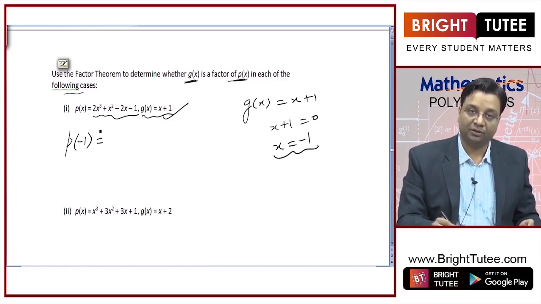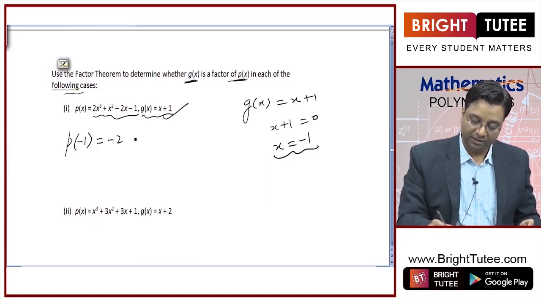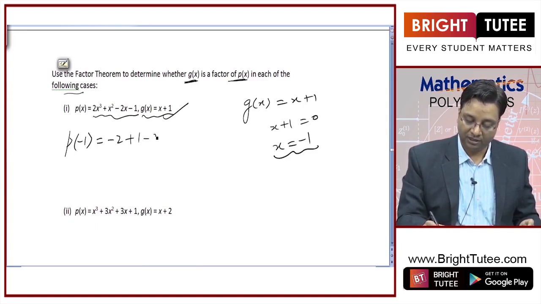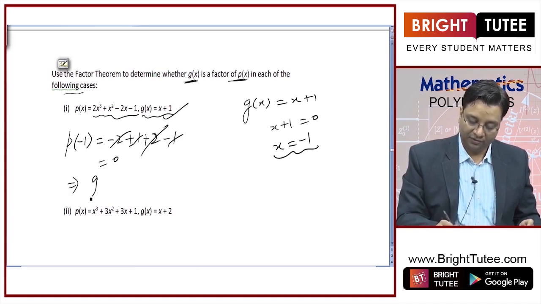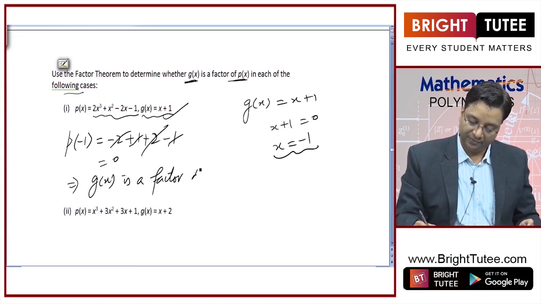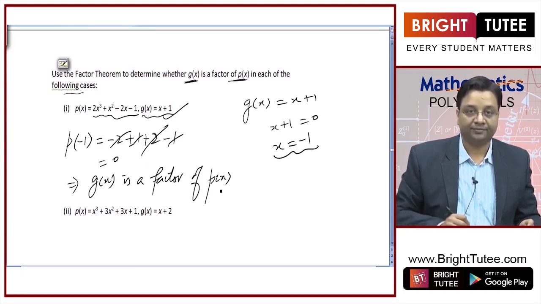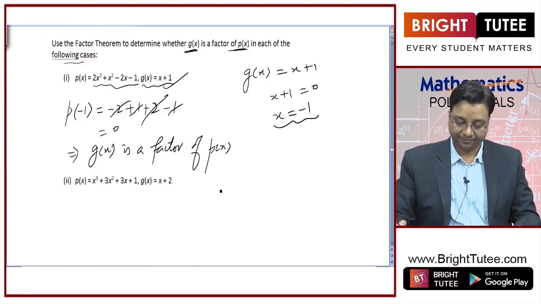If I place x equal to minus 1, it will give me minus plus 2 minus 1. These are cancelled. Hence g of x is a factor of p of x.